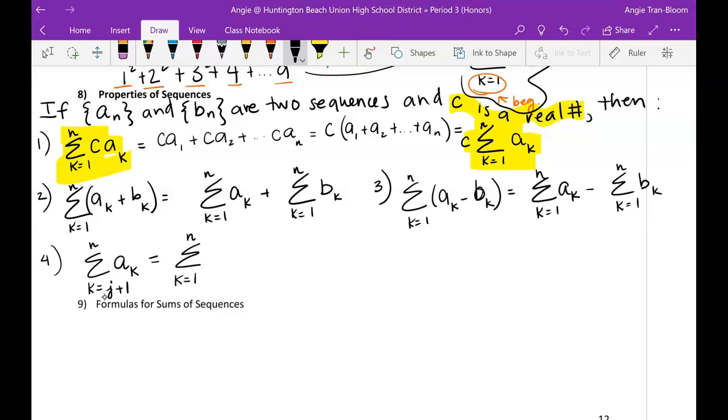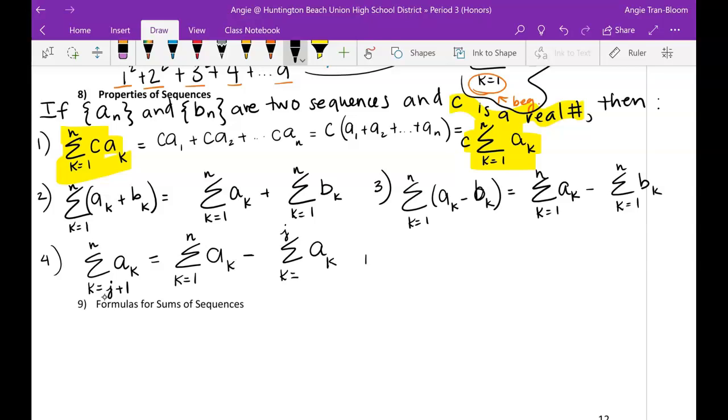Okay, so how do we bring things back so that it can start at 1? Then here's the rule. We will do summation of a subscript k starting at 1 to n minus the summation of k equals 1 of a subscript k to j.